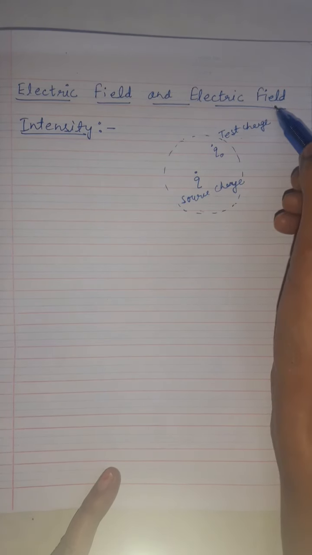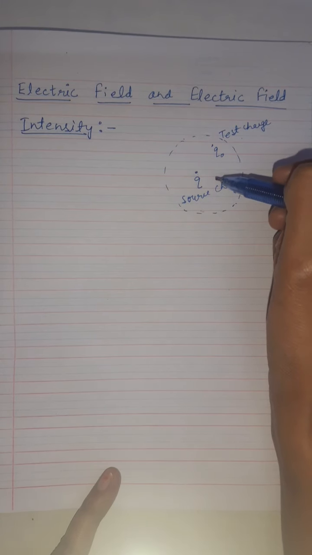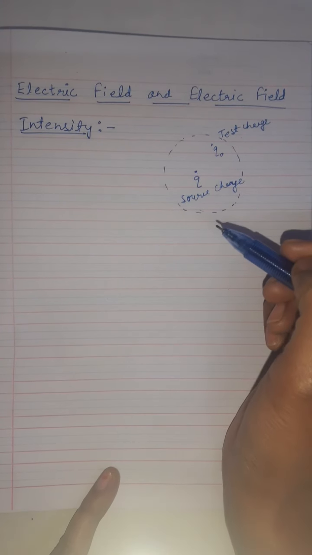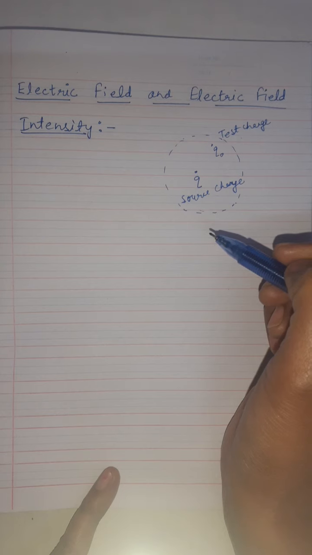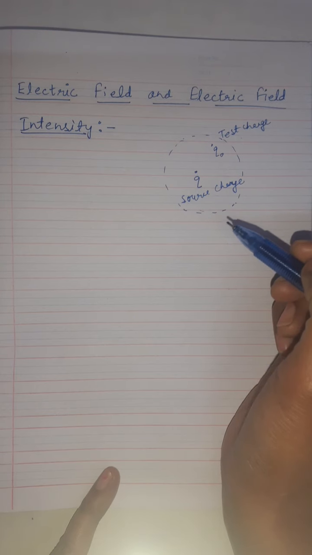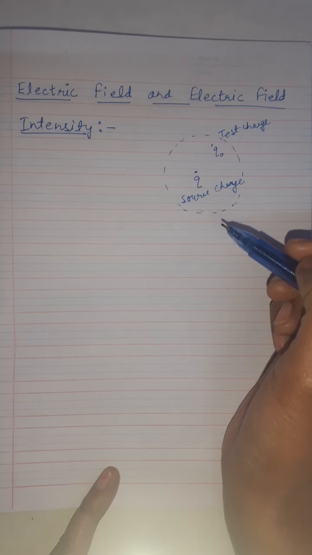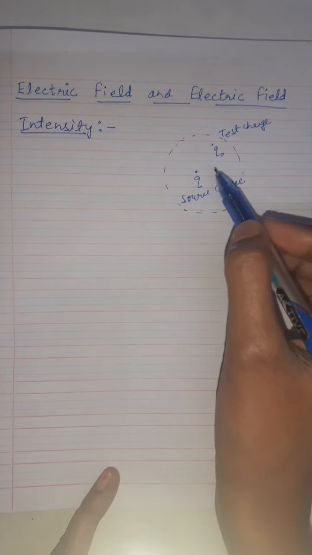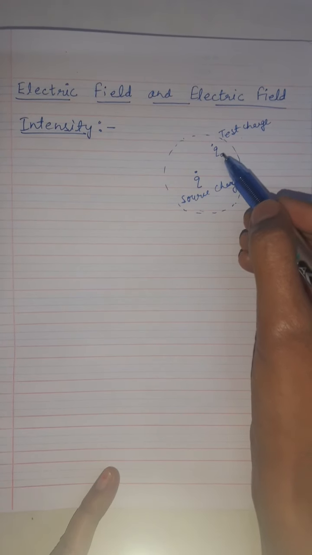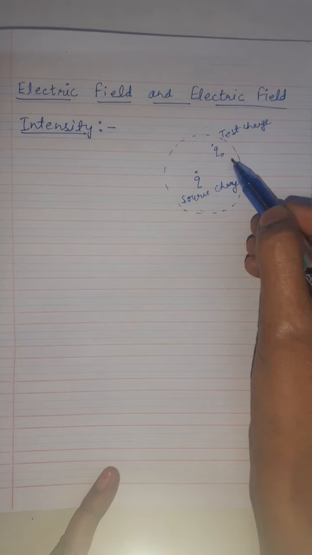And what is electric field intensity? Electric field intensity at a point due to a source charge is defined as the electrostatic force per unit positive charge acting on a vanishingly small test charge placed at that point.